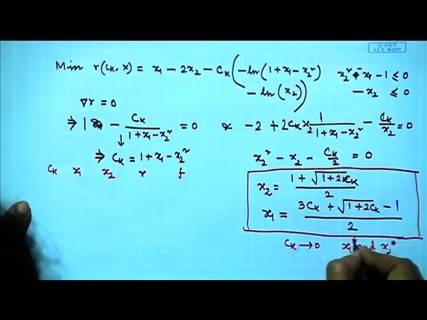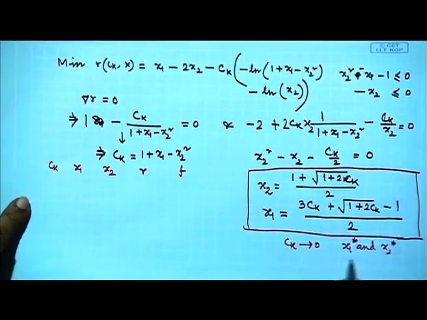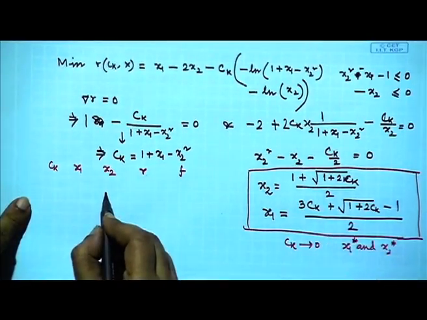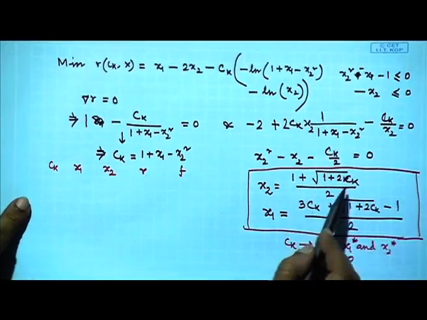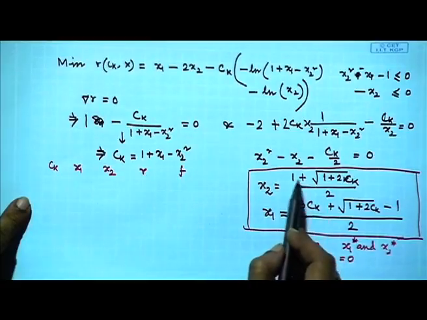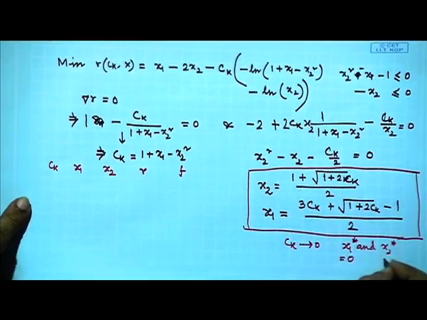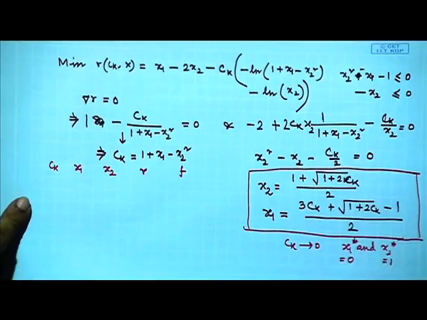Otherwise, if we substitute ck tending to 0, this term will be 0, and we are getting 1 minus 1 divided by 2, so x1 star will be 0, and for x2 star, with ck tending to 0, we get 1 plus 1 divided by 2, so x2 will be equal to 1.